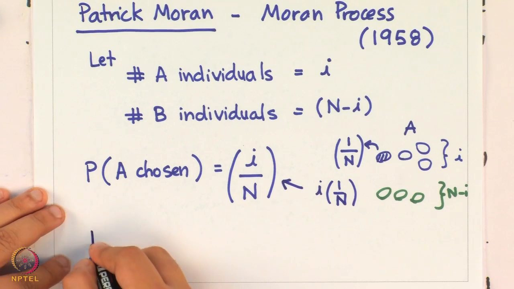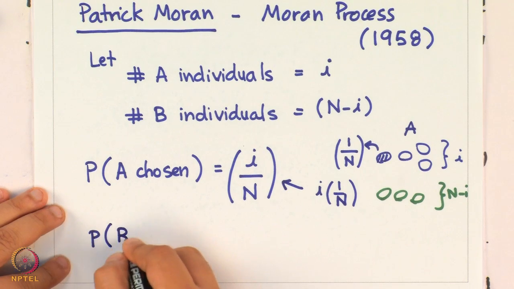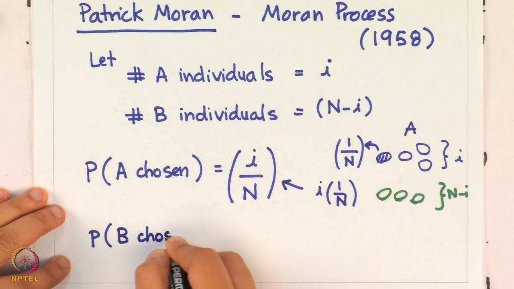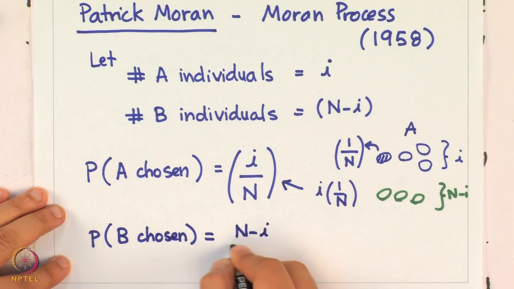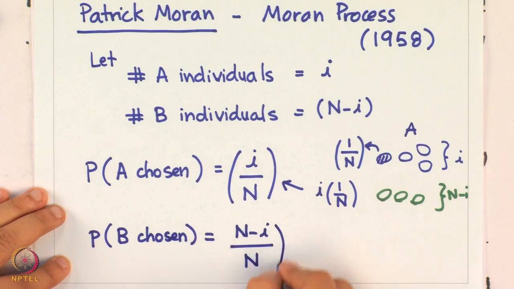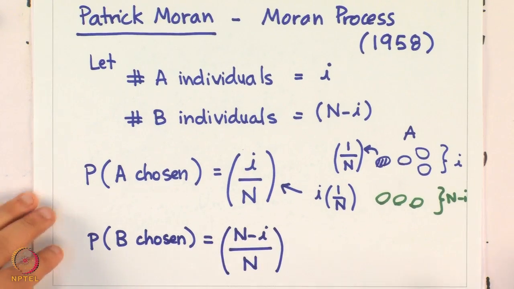Similarly, the probability that I choose an individual of genotype B is just equal to n minus I upon n. Okay. So I have these two probabilities that I am going to work with.